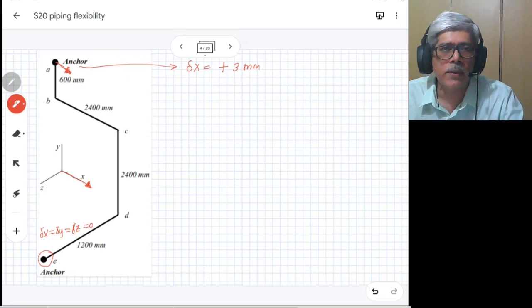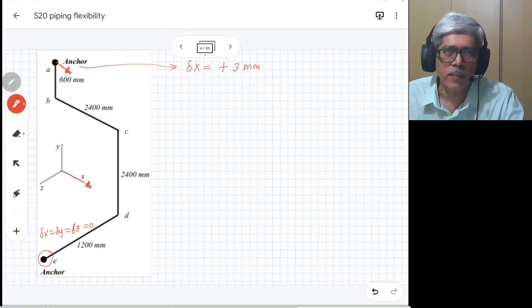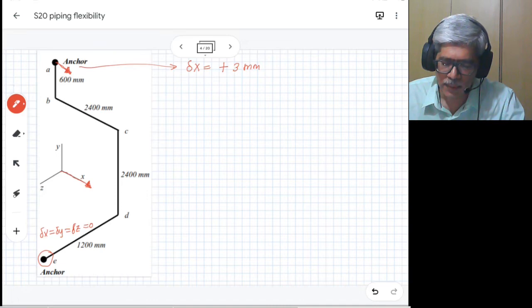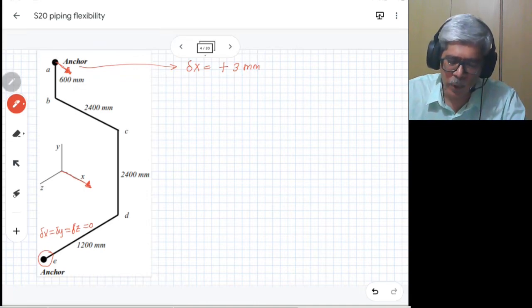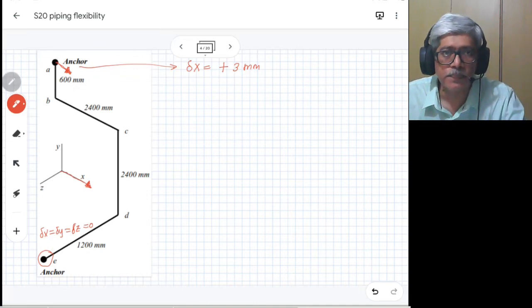Now if you visualize what will happen to the system, this piping is trying to expand, and when this anchor tries to move from point A towards point E, because of this movement the distance between these two anchors is going to reduce further.